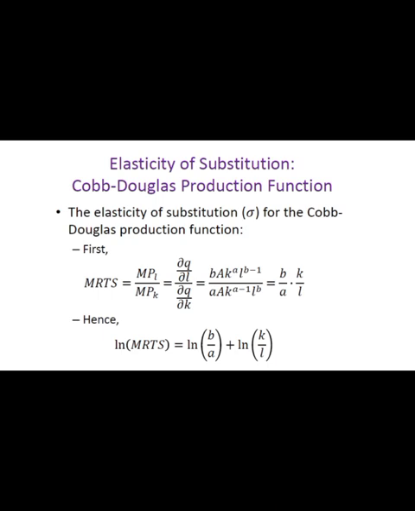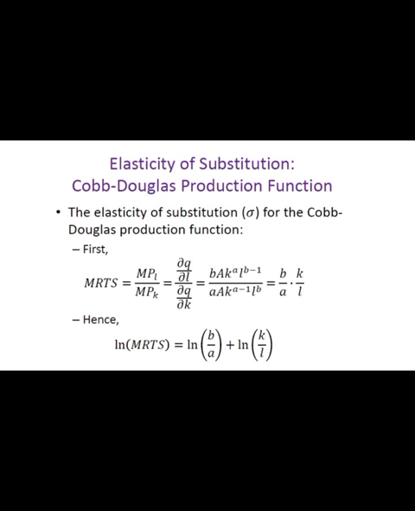The L term simplifies to 1 over L. And we're left with the elegant, simple formula: MRTS equals b over a times the capital labor ratio K over L.